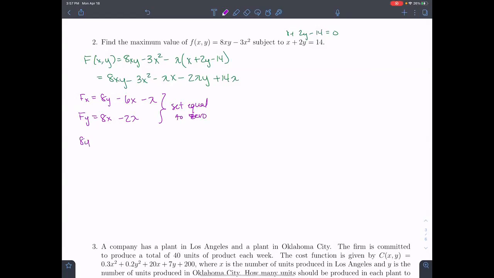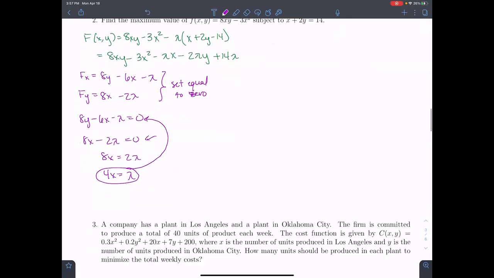So we have 8y minus 6x minus lambda equals 0. And then we have 8x minus 2 lambda equals 0. So I'm going to solve this one for lambda. So I have 8x equals 2 lambda. So 4x equals lambda. Then I'm going to take this and plug it into this equation.